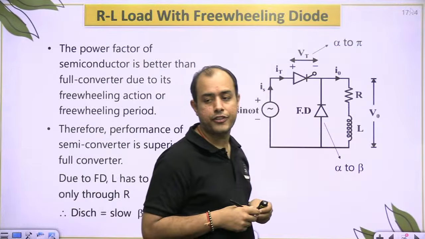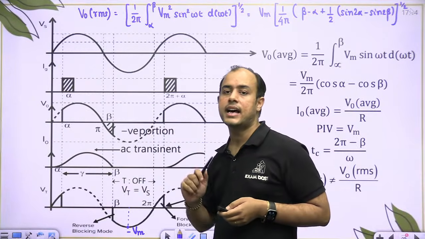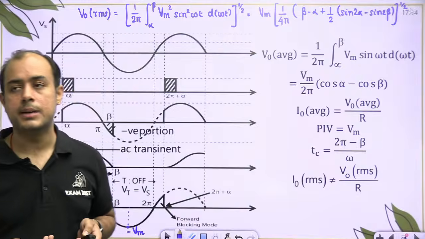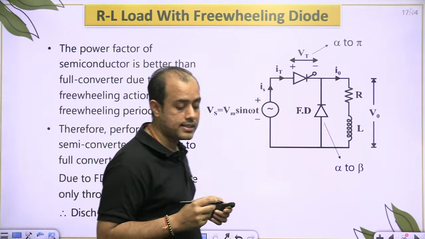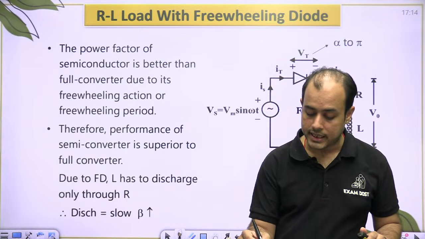Okay, next is a freewheeling diode. What will freewheeling diode do? It will cut the negative portion. So after pi, when V naught becomes negative, freewheeling diode will turn on. So it will start conducting from pi up to beta.